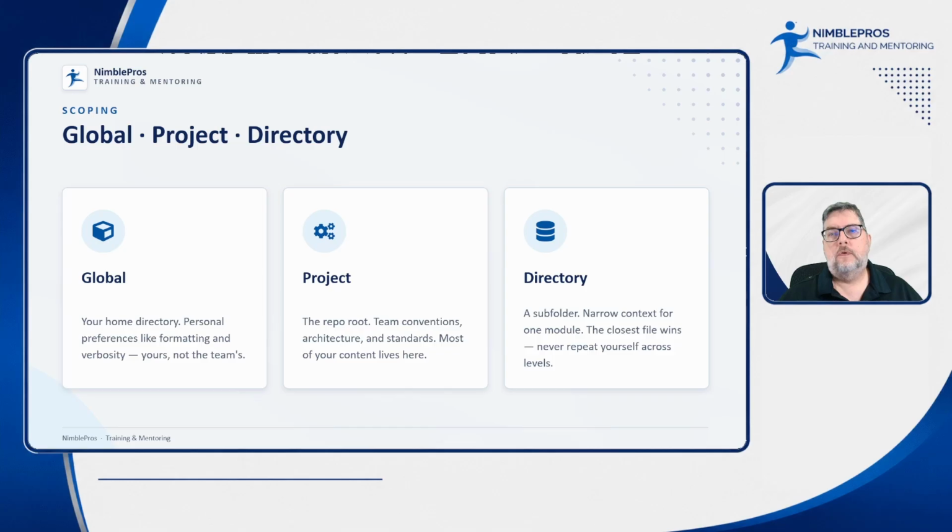And then if you have instructions that are specific to a particular part of the application, you would put that into the directory itself that's part of that application. For instance, if you're using clean architecture and you want to put in instructions that are specific to your data domain: how do you work with Entity Framework? How do you create data objects?